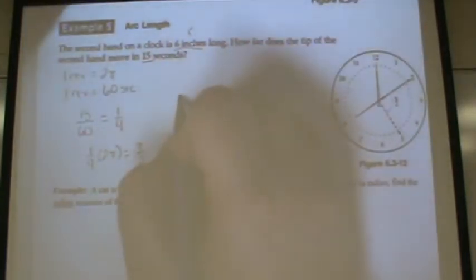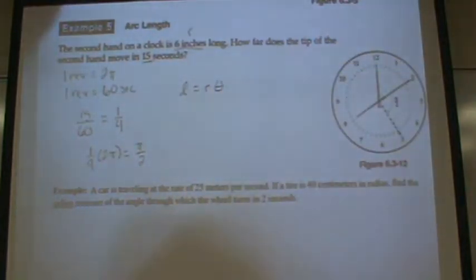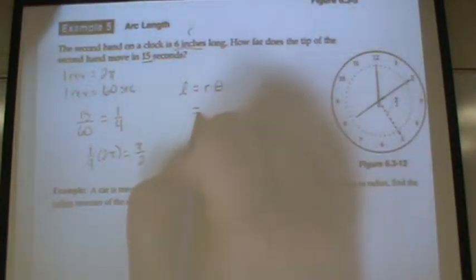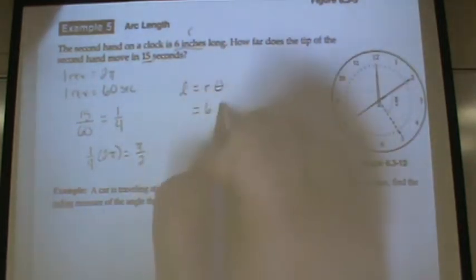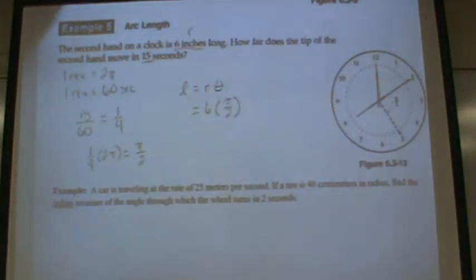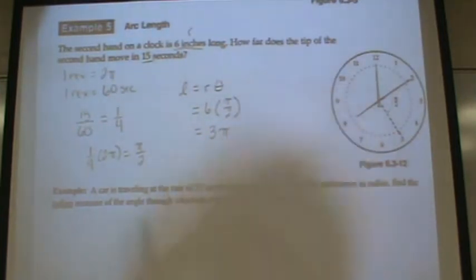Now using our equation, we have L equals R theta. We're looking for L, so we found our R is 6 times the pi over 2, which was our angle. So we get 3 pi for a length.